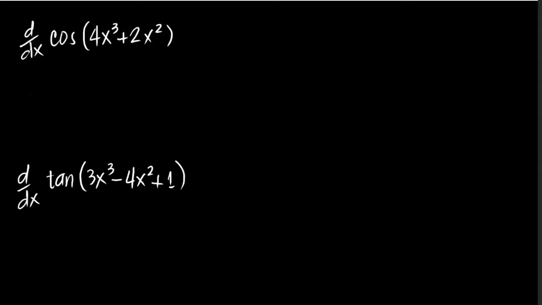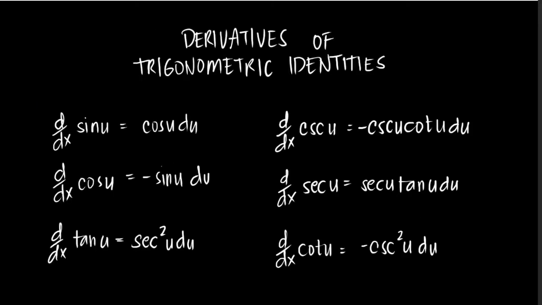Here we have the derivative of cosine 4x cubed plus 2x squared. So we have d dx cosine, and this whole function is u. Based on the table from earlier, the derivative of cosine u is negative sine u du.